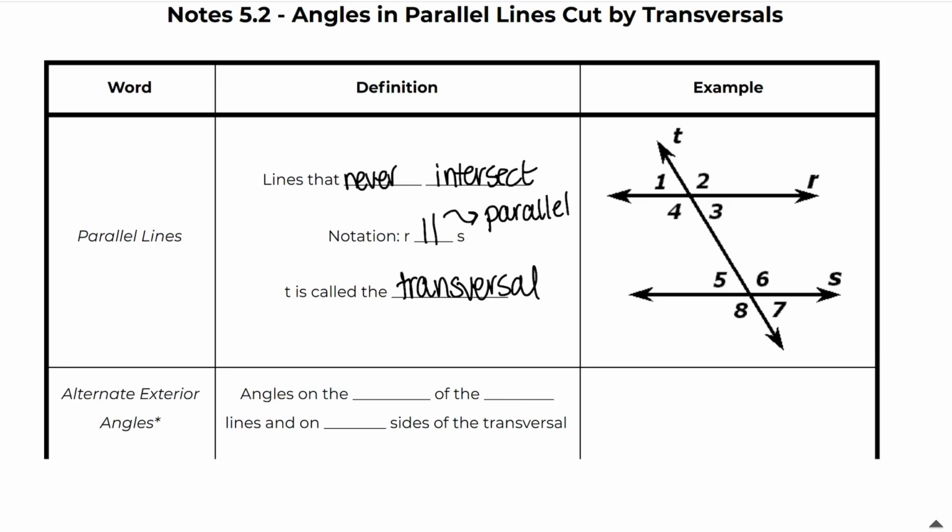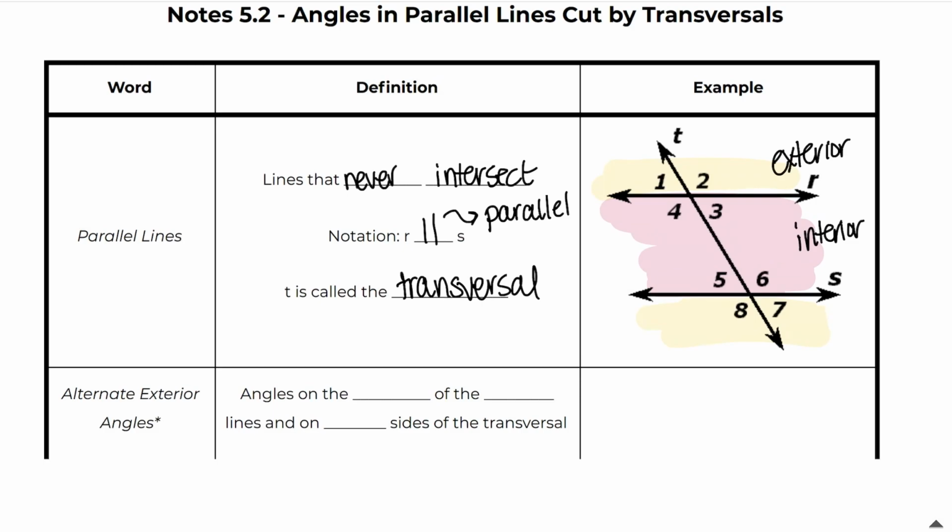So here, the 4, 3, 5, and 6, these angles are on the inside of your sandwich. This is the peanut butter and jelly. So these are the interior angles. And then these angles out here are the bread of your sandwich. These are the outside of your sandwich. These are exterior angles, okay?